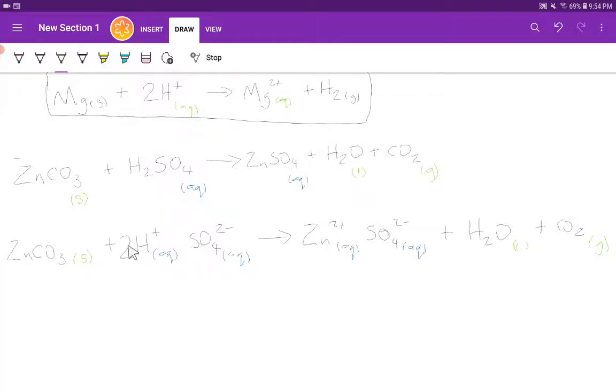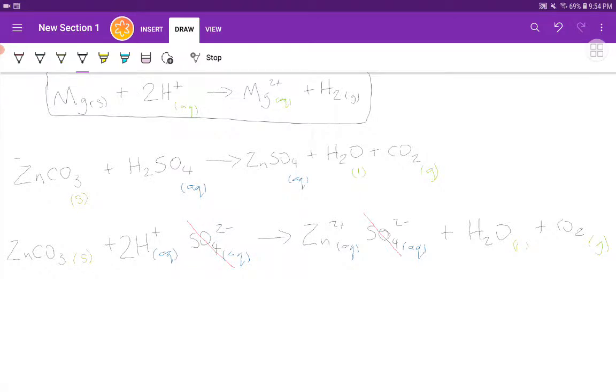You have H plus ions in aqueous solution, but you have H2O on the product side in the liquid state. You have SO4 2 minus ions on the reactant side, SO4 2 minus ions on the product side. So our sulfate ions are our spectator ions. And we remove our spectator ions. We cancel our spectator ions to get rid of them because they are not actively participating in the reaction.